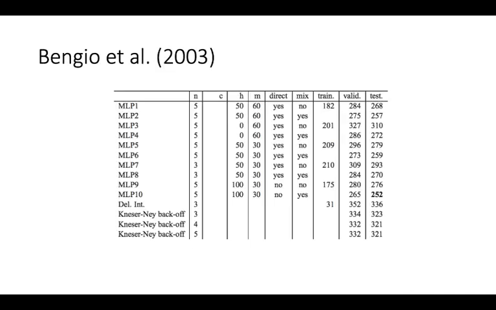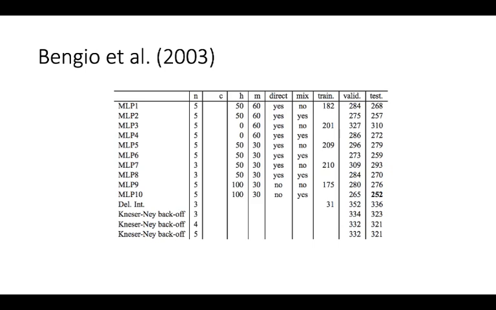And in 2003, Bengio actually had a paper using this n-gram neural language model, and it found that if you use more layers and more parameters, and you have enough data, you can have a very good language model with lower perplexity.